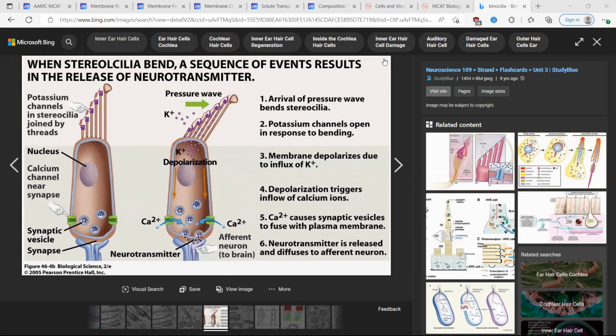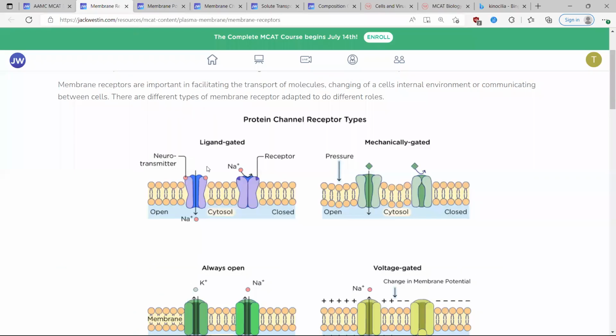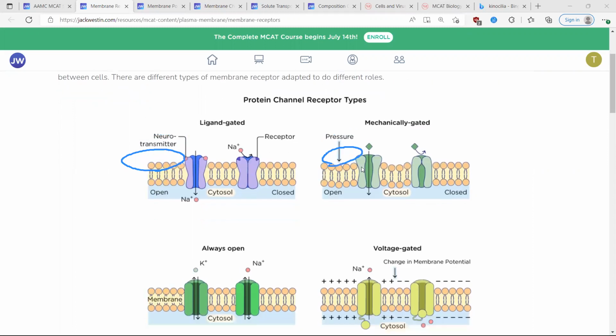The pressure actually turned into chemical signals inside the cells. Whereas before, this is chemical to chemical, because a neurotransmitter is a chemical. So we can highlight what is actually causing this. In ligand gated, it's a neurotransmitter, which is a chemical. In mechanically gated, it's pressure, which is not a chemical, but the pressure can get turned into chemical signaling.